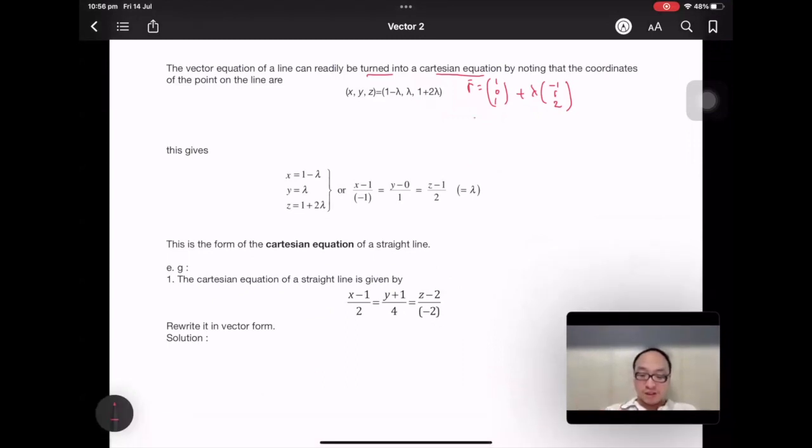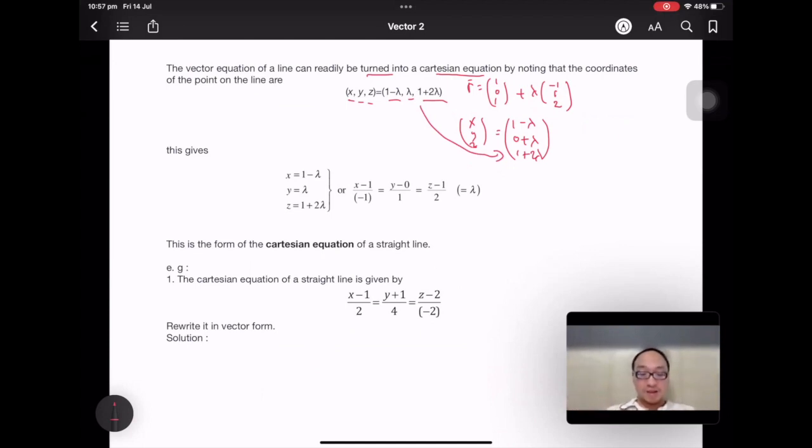So we can rewrite x, y, z equals 1 minus lambda, 0 plus lambda, and 1 plus 2 lambda. Or in other words, x is 1 minus lambda, y is lambda, and z is 1 plus 2 lambda. Yeah, they are taken from here.